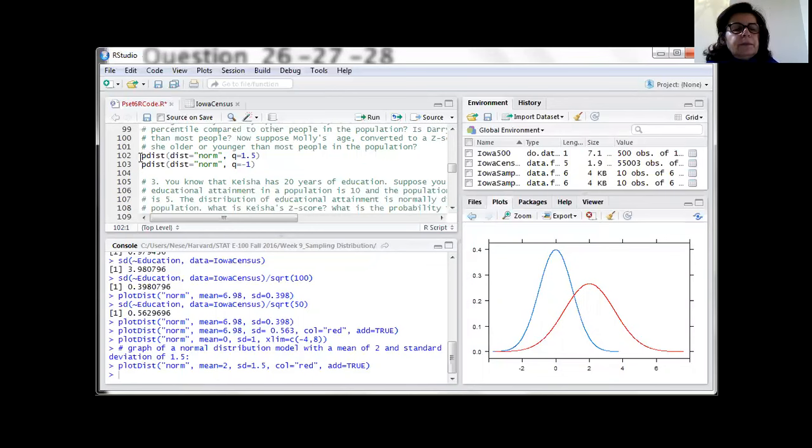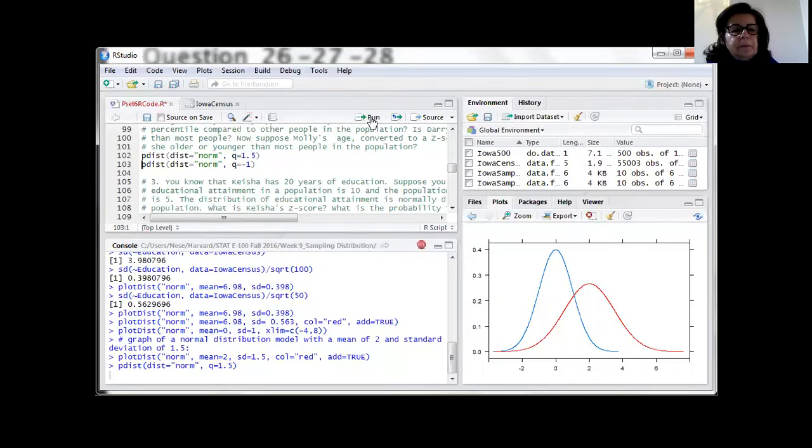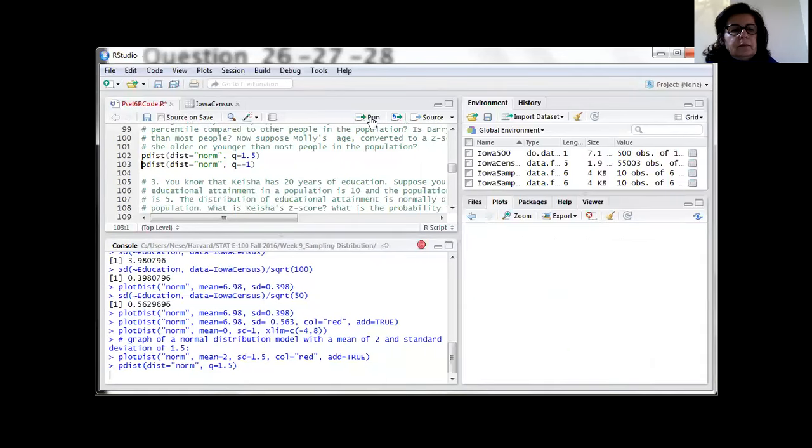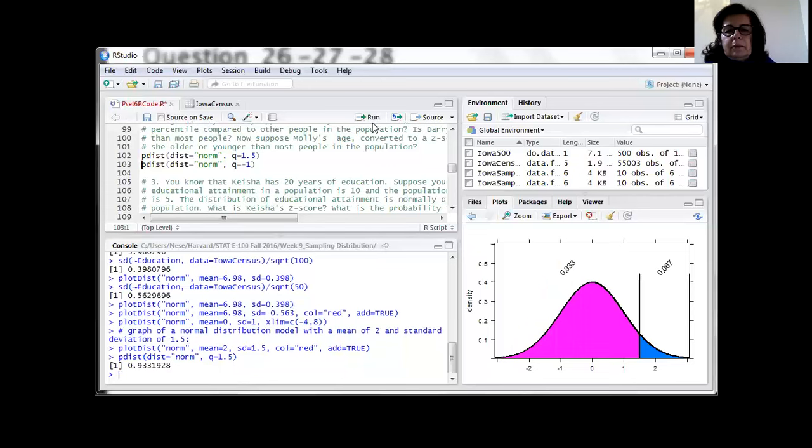We are looking at the probability distribution, and we know the distribution is approximated with a normal distribution model, and the z-score is 1.5. So the question, I believe, was asking the percentile.